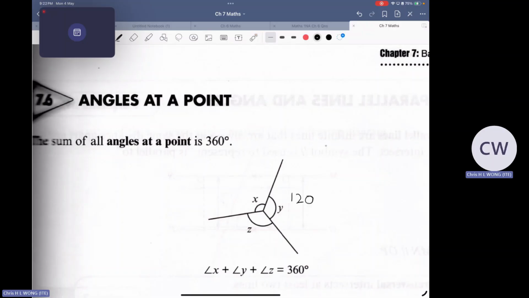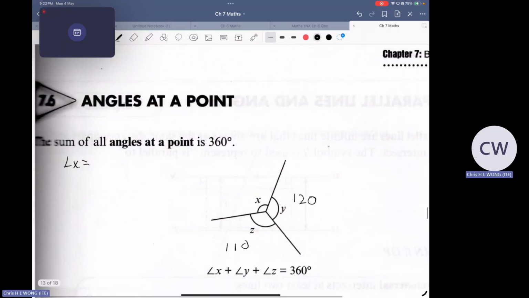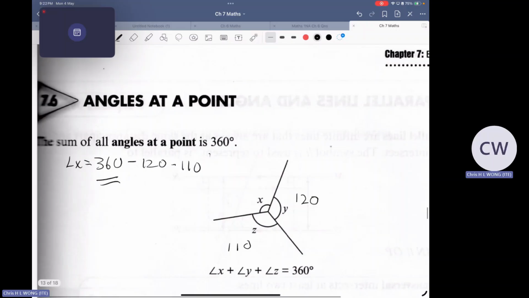Let's say this is 120, and this is 110, and this is 5x. Angle x equals, as long as it is around the dot, 360 degrees minus 120 minus 110. When you use 360, you must tell them angle at a point. This is a point. 360 minus this will get this.